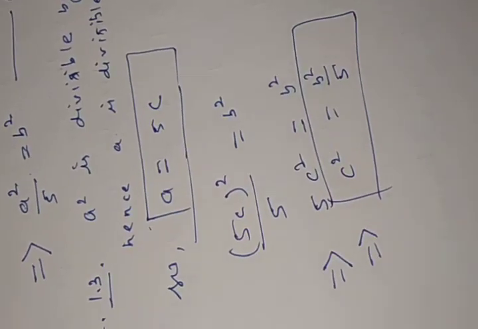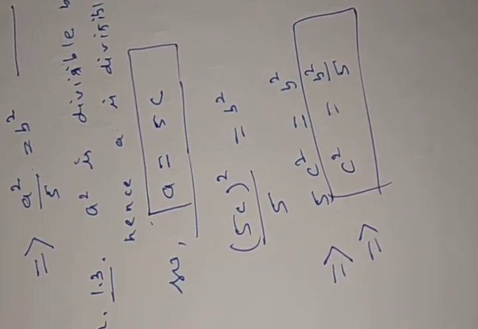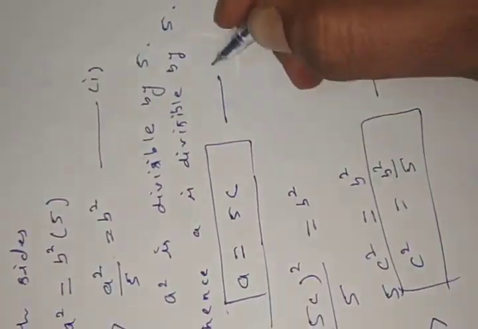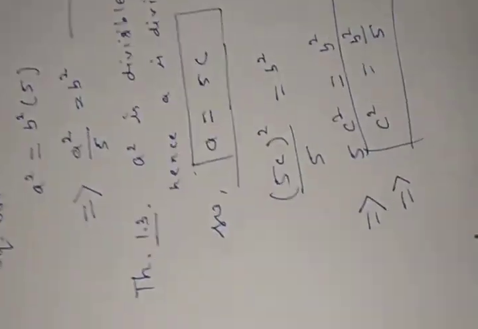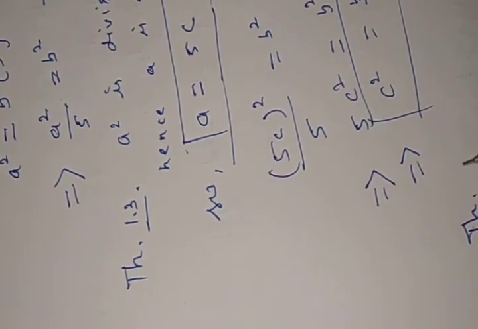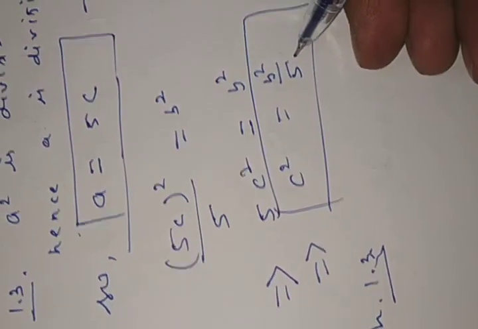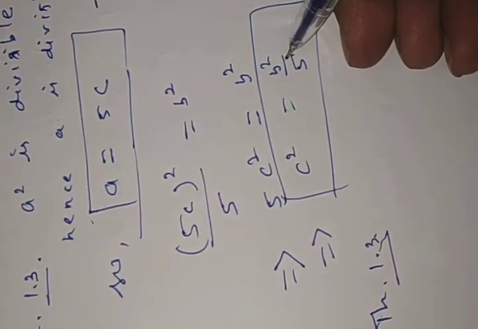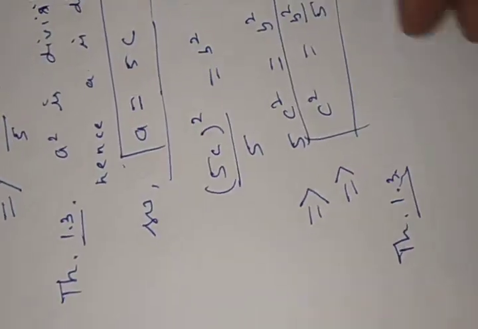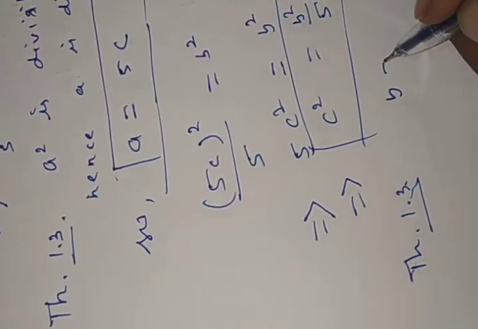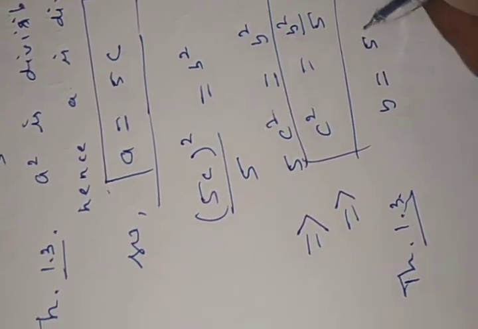This is our equation number 2. Again, theorem 1.3. b square is divisible by 5. That means b is also divisible by 5. So we can say b is equal to 5d.